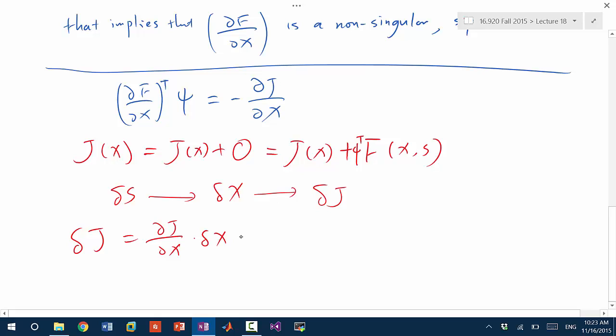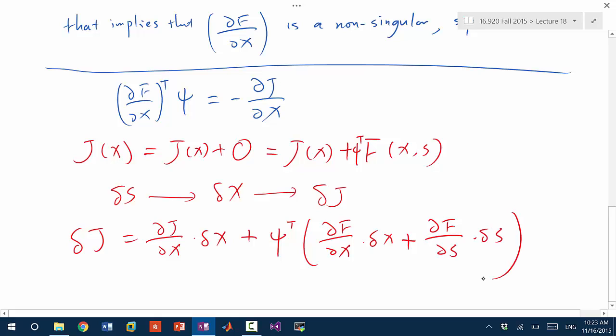And also this equation tells me that I can add a phi transpose times a small change in f, which is equal to partial f partial x times delta x using chain rule plus partial f partial s times delta s. Actually, this equation, the parenthesis equal to 0, establishes the relationship between delta s and delta x.